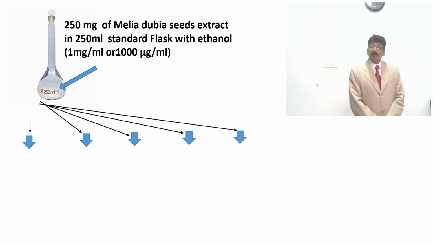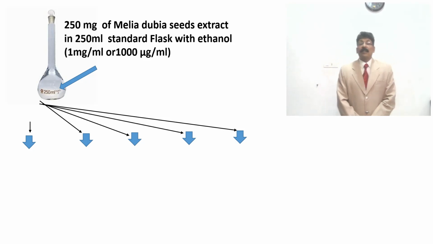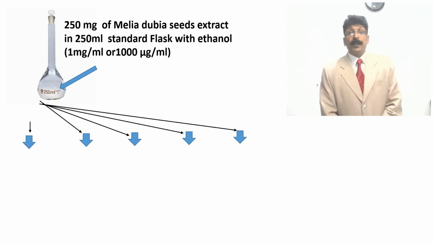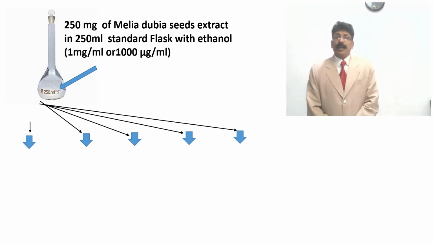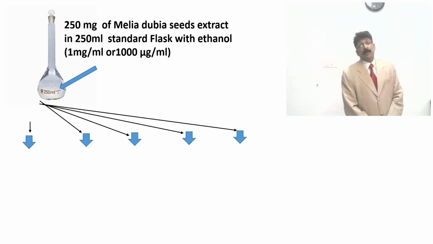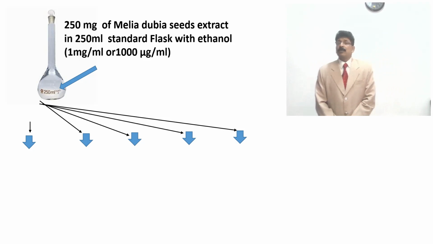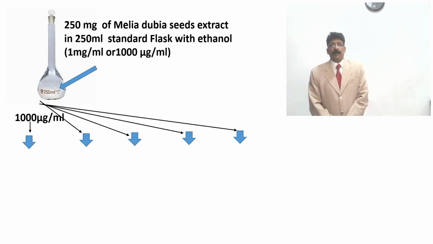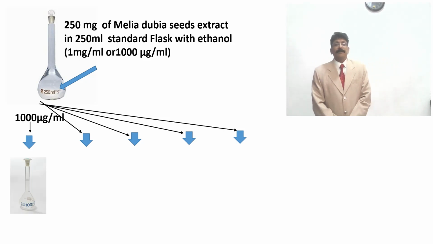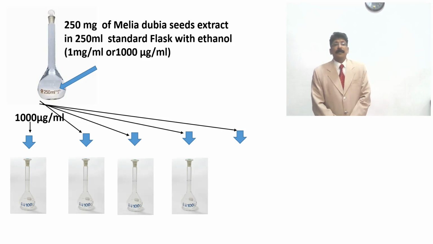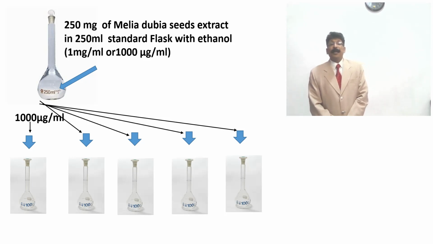If you see the calculation, 250 milligram in 250 ml is 1 milligram per ml concentration, or in other words 1000 microgram per ml. And from that we are making different dilutions.